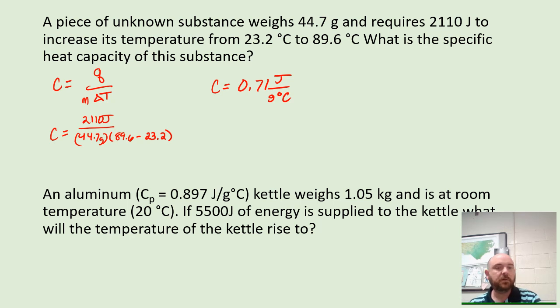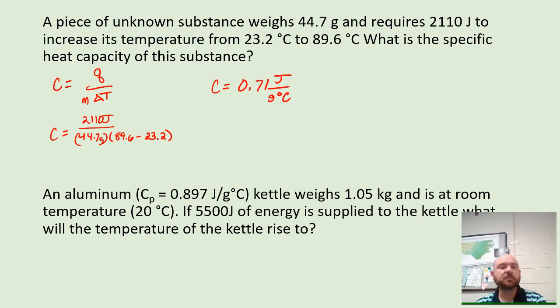We see the next one says an aluminum kettle weighs 1.05 kilograms and is at room temperature, which is 20 degrees Celsius. If 5,500 joules of energy is supplied to the kettle, what will the temperature of the kettle rise to? So reading this problem tells me that they're trying to figure out what is the final temperature that you arrive at when you apply a certain amount of heat to a kettle of a given mass.